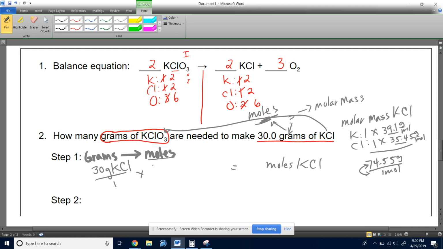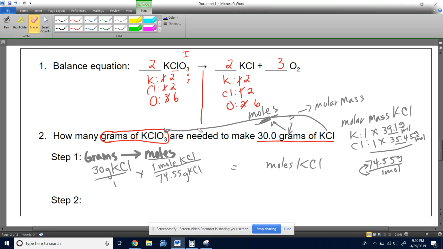Okay, so the 1 mole goes on top because that's what we're looking for. And then the 74.55 grams of KCl goes on the bottom. Okay, so we should put moles of KCl up here too. Okay, because that's what we want.